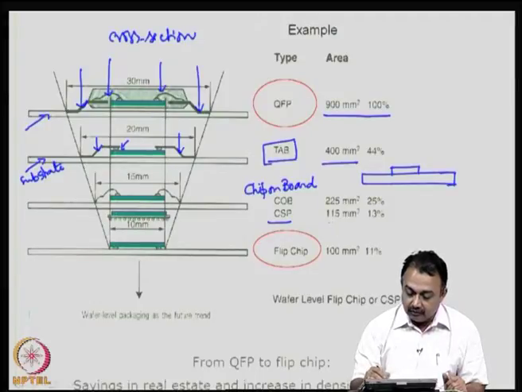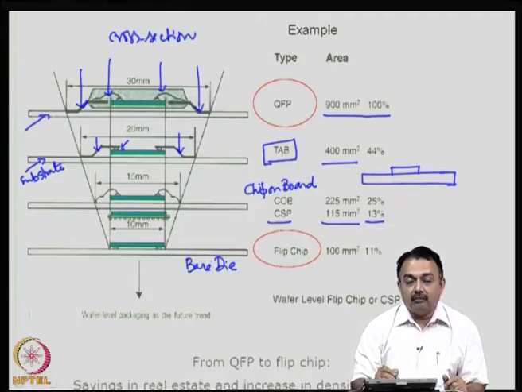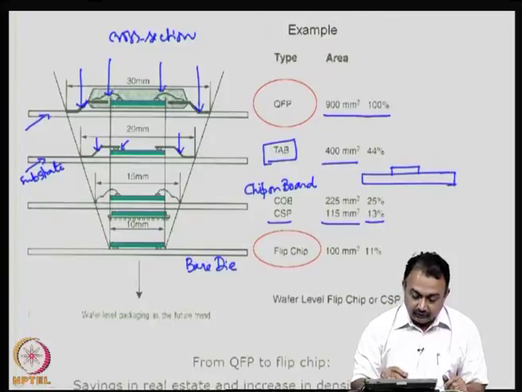So, we move down to 115 mm squared, which is now 13%. Then we talk about flip chip. Flip chip is nothing but a bare die which does not require a packaging material. So, you can see that the die here is flipped.